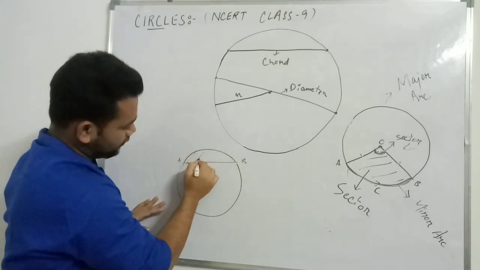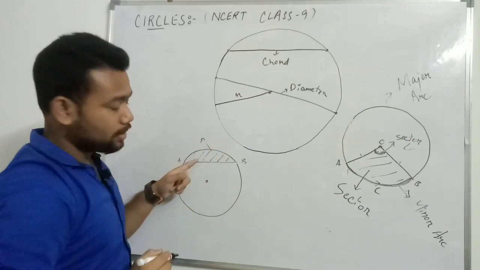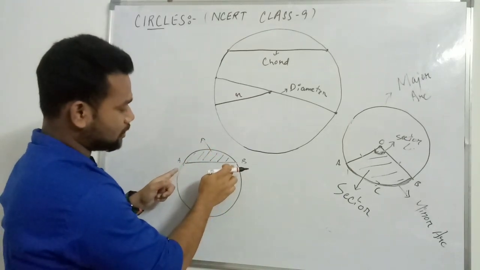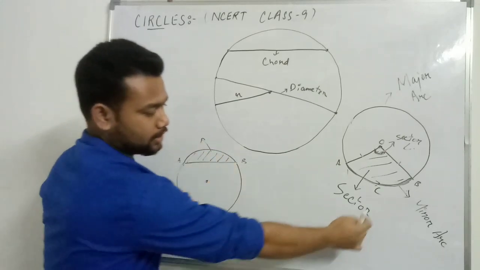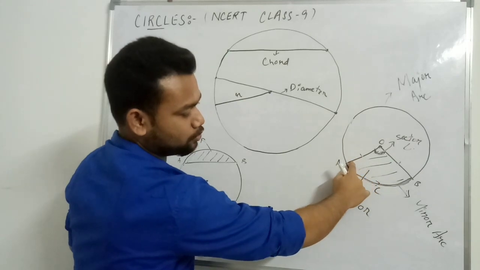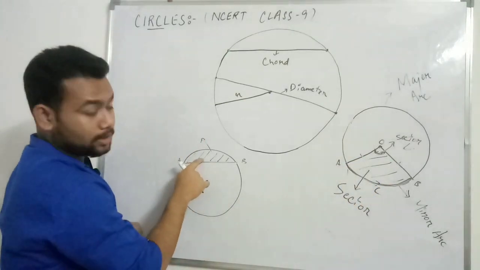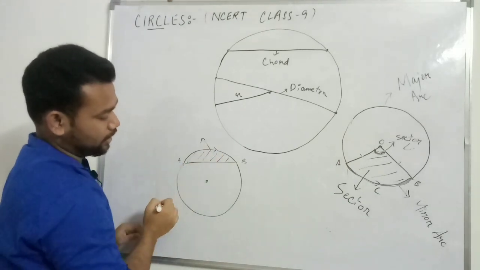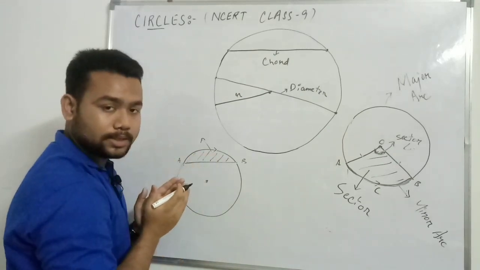Now this area is known as minor segment, because this is between the chord and the minor arc. Sector is between the arc and the two radii. And segment is between a chord and the arc. Got it? This is the minor segment.